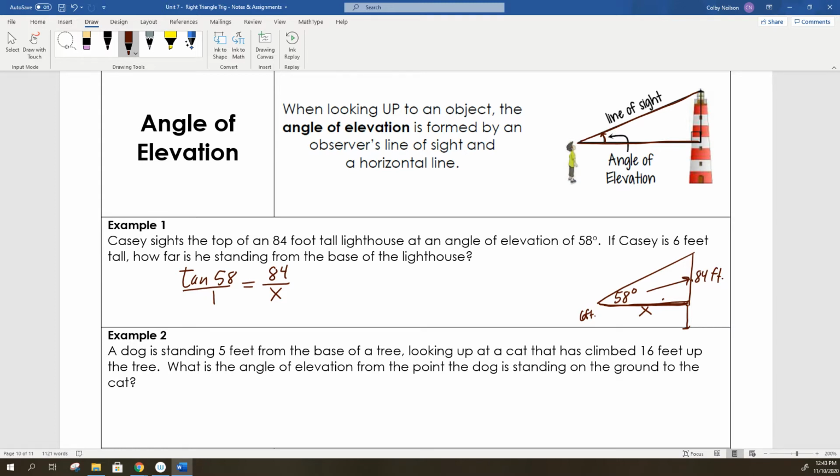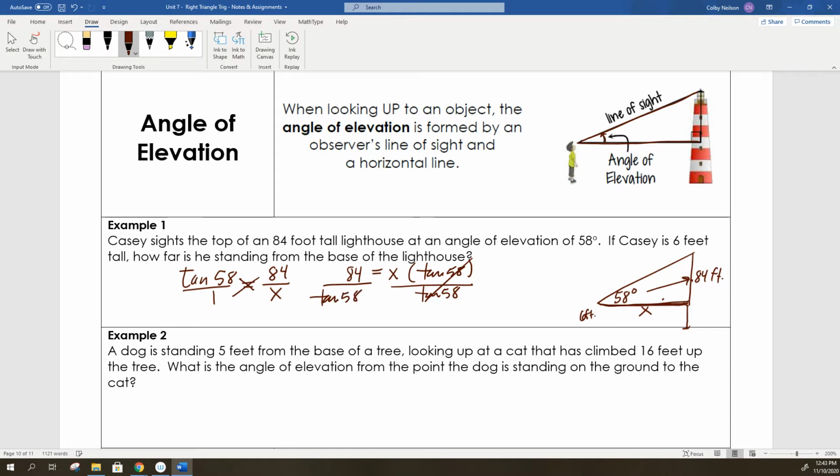Now, do you remember how we solve these? Cross multiply, so 84 times 1 is 84. And then we set it equal to the other direction, X times the tangent of 58. Then we have to divide by the tangent of 58 to solve for X.